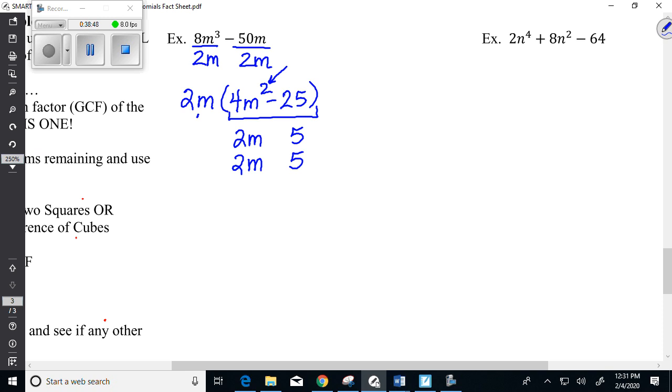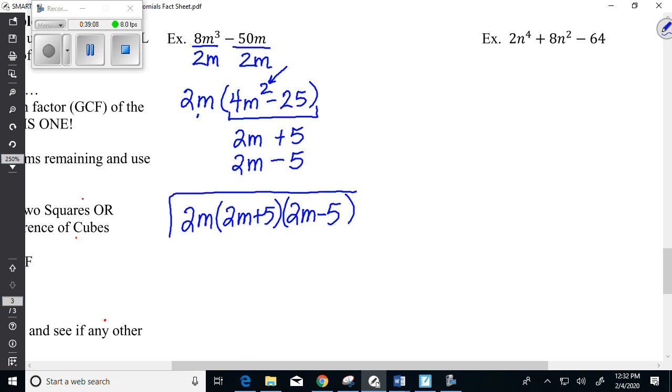And remember, one of them has to be negative, plus 5 and minus 5. So your factored answer is 2m plus 5, 2m minus 5, and don't forget the 2m that you took out at the start of the problem.